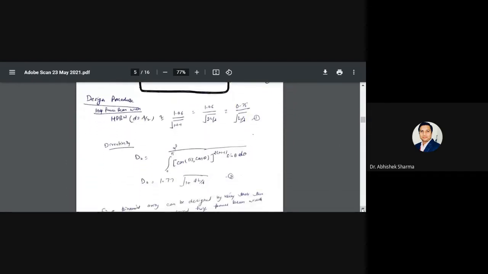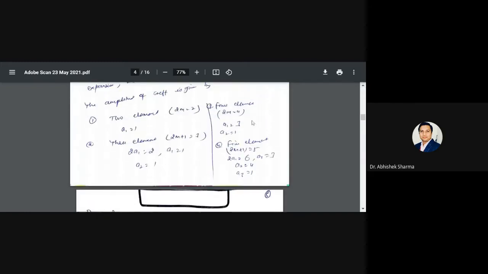So from the design point of view or the numerical point of view, what is asked is that the examiner may ask you to find the values of these amplitude excitation coefficients.